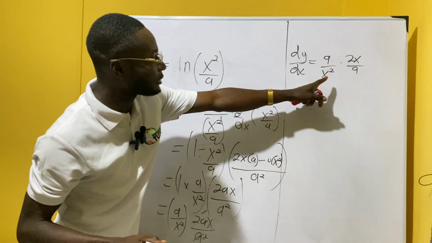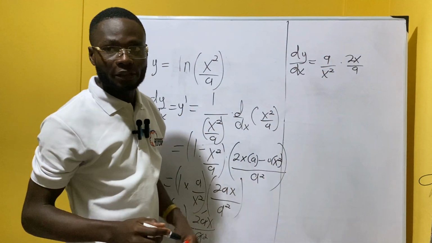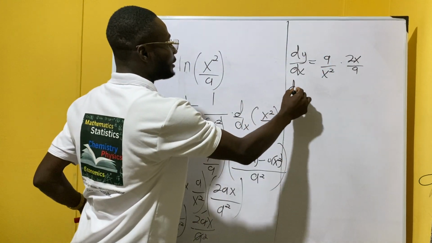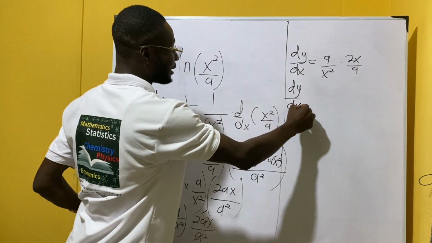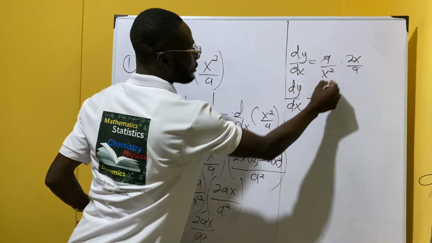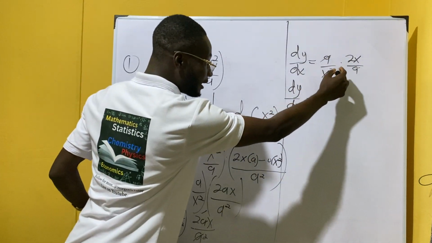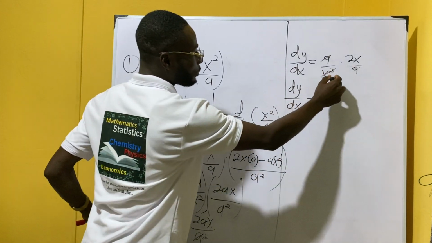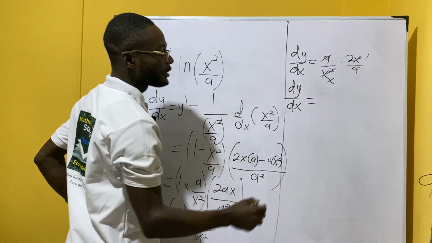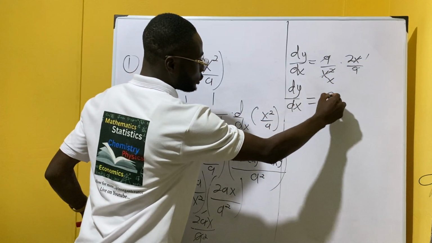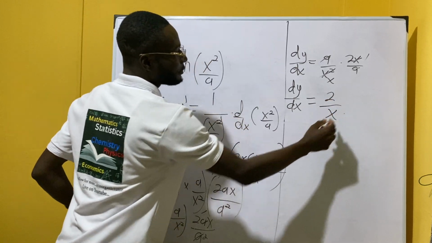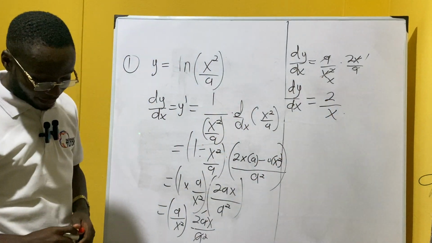So we can still go ahead and cancel this a off, and then we have dy dx equals 2 over x as our final answer.